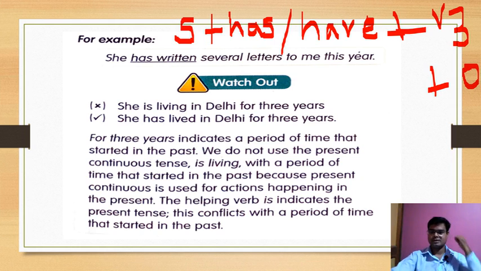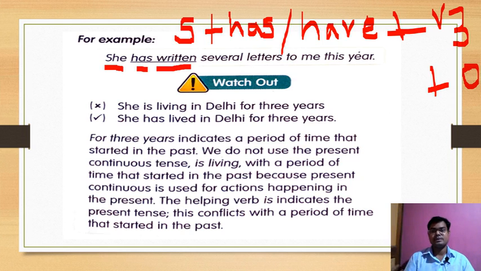So subject plus has or have plus verb 3 plus object. You can see here the subject is she, has is there, V3 written is there, and several letters to me this year. So this is an example of present perfect tense, correct?